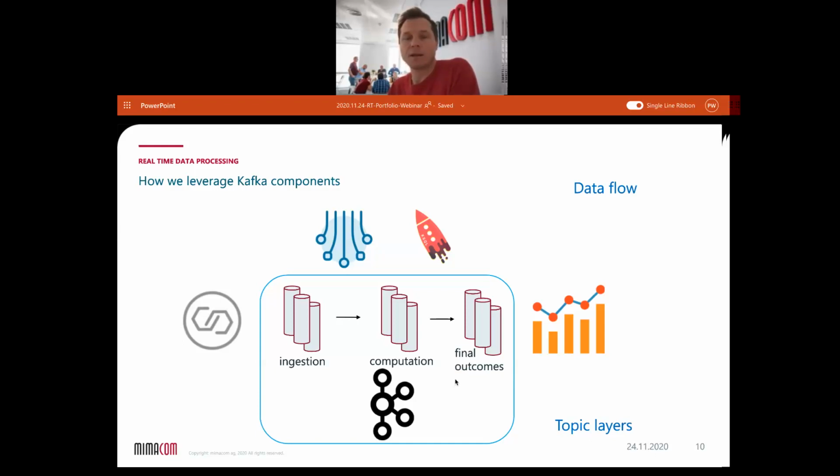And the final outcomes layer on the right makes sure we have topics which are prepared for the end user and which have the information about the lineage of the data, about the source of the data, where we can apply with some additional redundancy all other security requirements, just to make sure our Kafka infrastructure is multi-tenant.